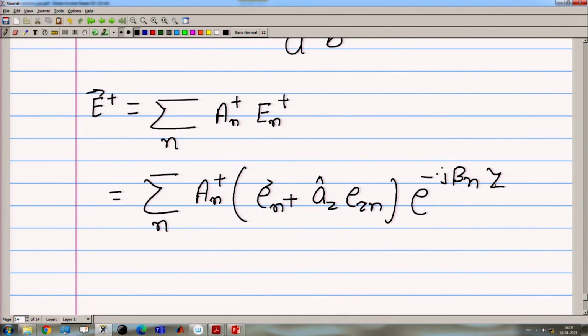In a similar way, the magnetic field vector H can be written.